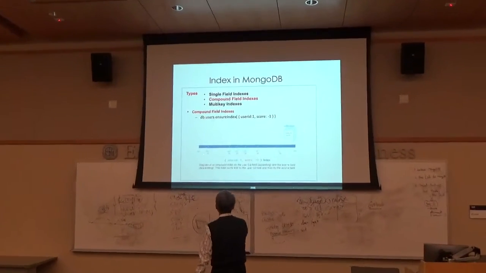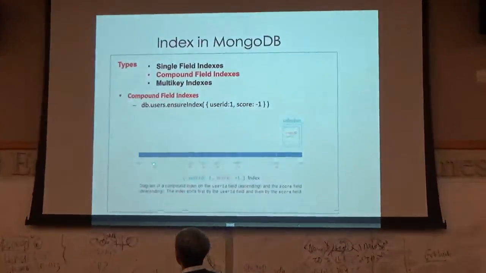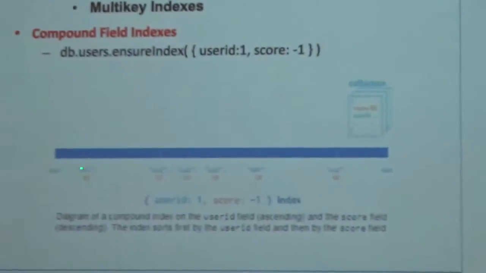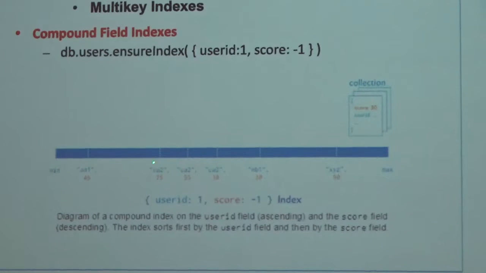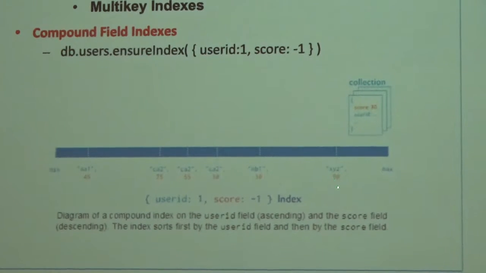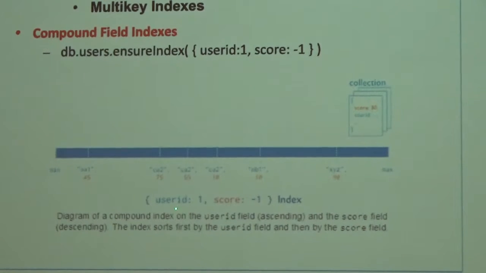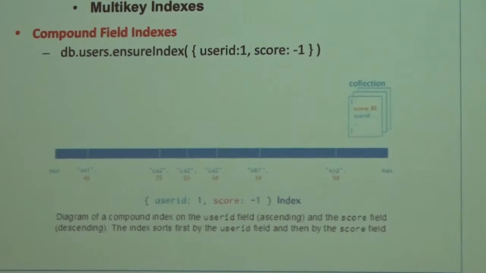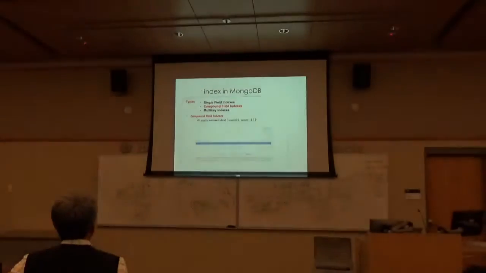For the first user it's in descending order. 45 is the one score of AA1. The next user, CA1, has 75, 55, 30, and MB1 is the third user, 30, and the first one, XYZ, 90. So four users, it's a very simple index. This will be managed and created by MongoDB if you want to create the index.